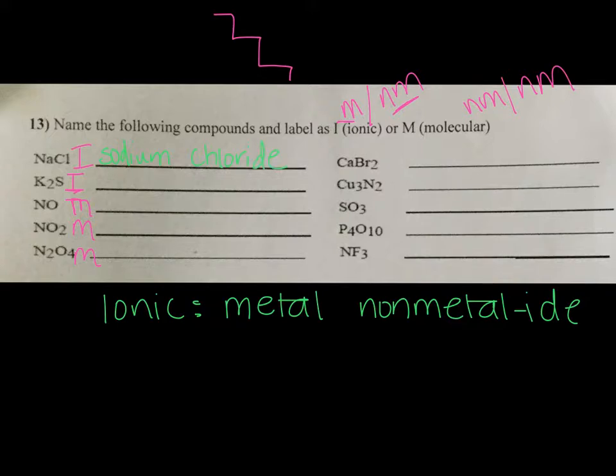All those halogens are going to turn into ides, or halides, I'm sorry. This next one, potassium sulfide. Once again, my metal was potassium, my nonmetal was sulfur, but I'm going to change it to an ide ending.